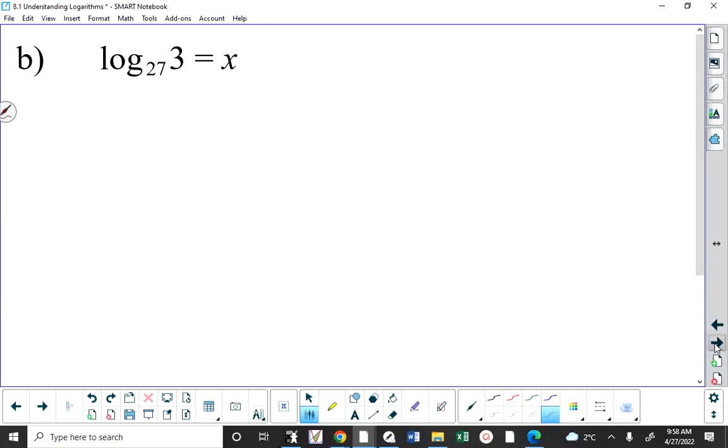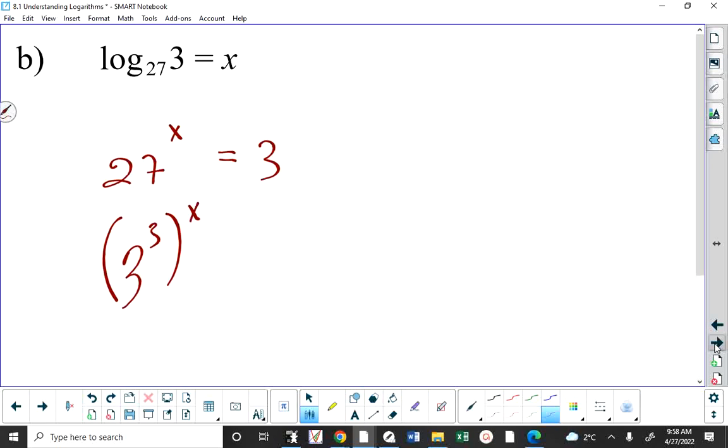On the other hand, there is going to be a group of people, and this is definitely a case where some of you need to do this. That's not an unexpected thing. I would expect that there are going to be students that need to actually rewrite this in exponential form, say it's a common base situation. This is why we did yesterday's lesson before we did this. So I can write 27 as 3 cubed.